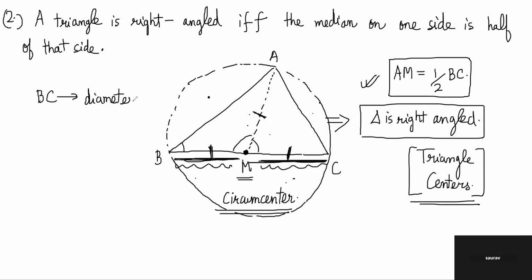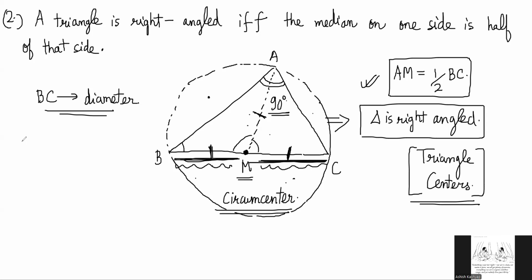Diameter. What is angle in a semicircle? 90 degrees. So because of circle properties and the fact that M is circumcenter, we know that angle in a semicircle is 90 degrees. So therefore angle BAC is 90, right? Okay, so that is the second proof.